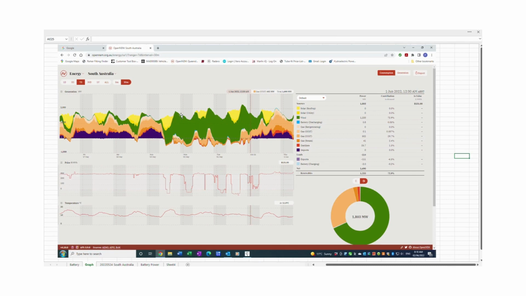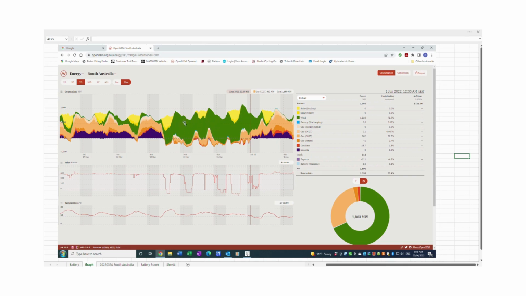And I choose South Australia because it has a claimed 60 to 80% renewable power as its source of electricity, and it also has a very celebrated Tesla battery to be used as a grid storage battery.